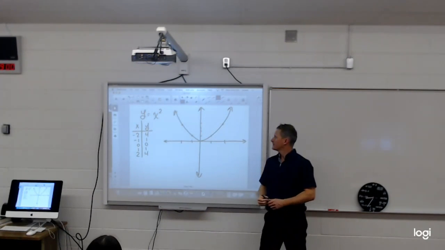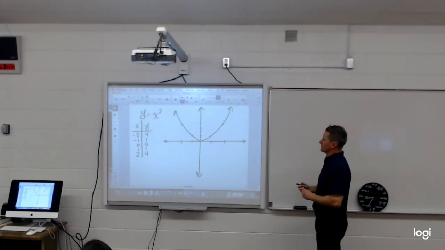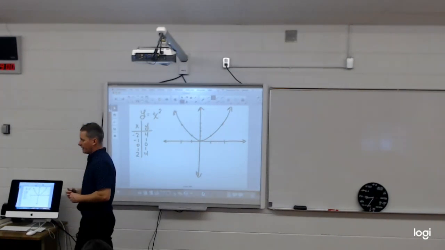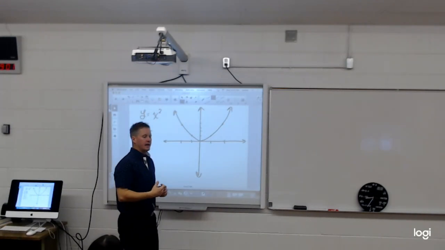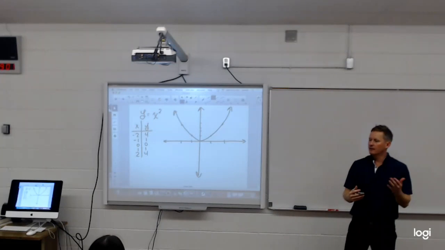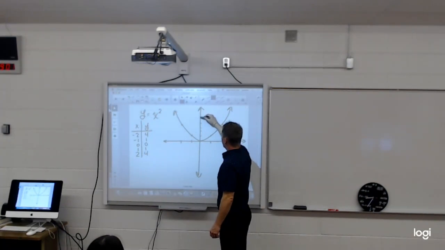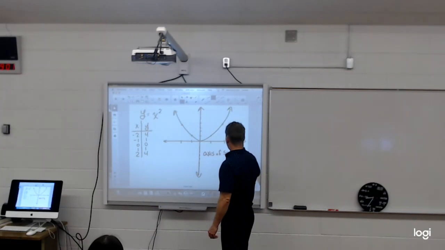A few things that you want to know about the parabola. The first thing is, it's symmetrical, which means that something is dividing this into two perfectly symmetrical halves. The left side and the right side go up at the exact same rate. This line right here, we refer to as the axis of symmetry.